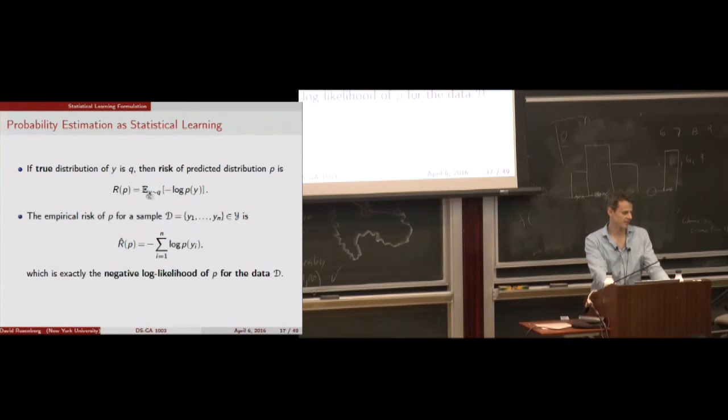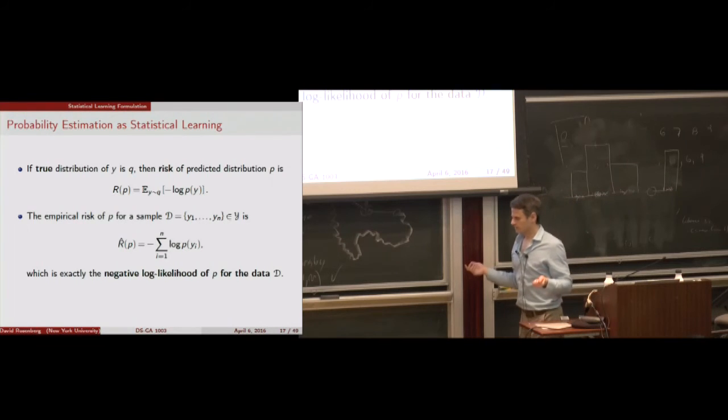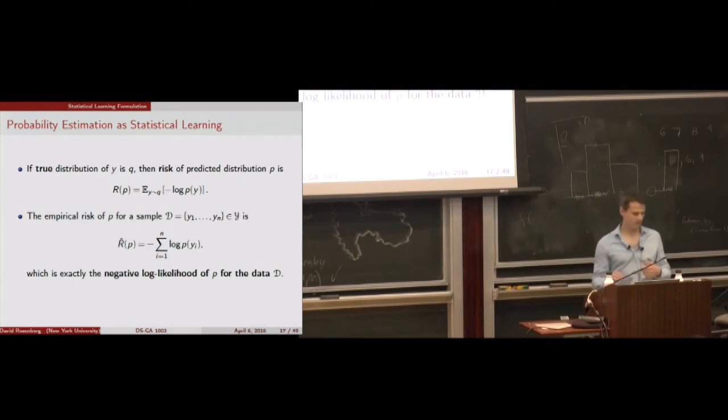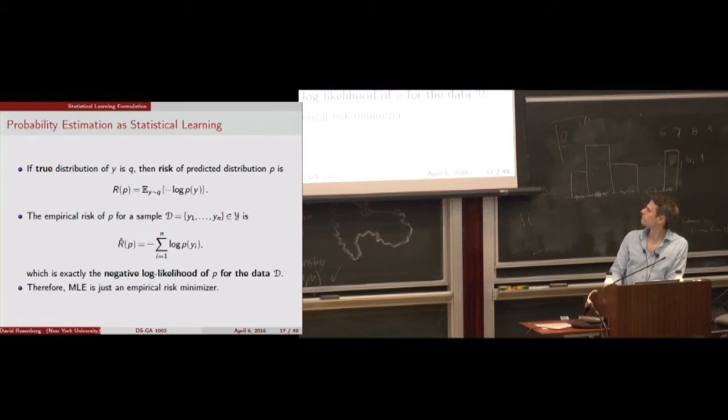Just move the negative outside the sum. And this is exactly the negative log likelihood of p for the data D. So what we began as maximizing the likelihood, we can reframe as minimizing the negative log likelihood, and now it's in our usual empirical risk framework.